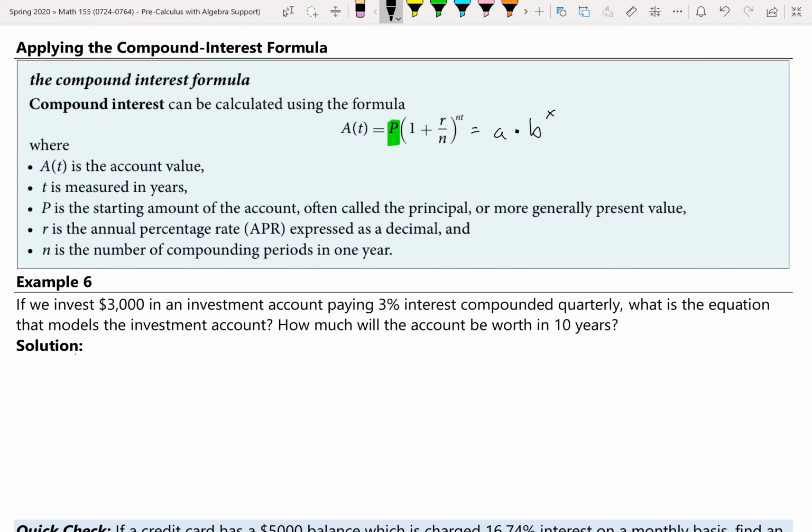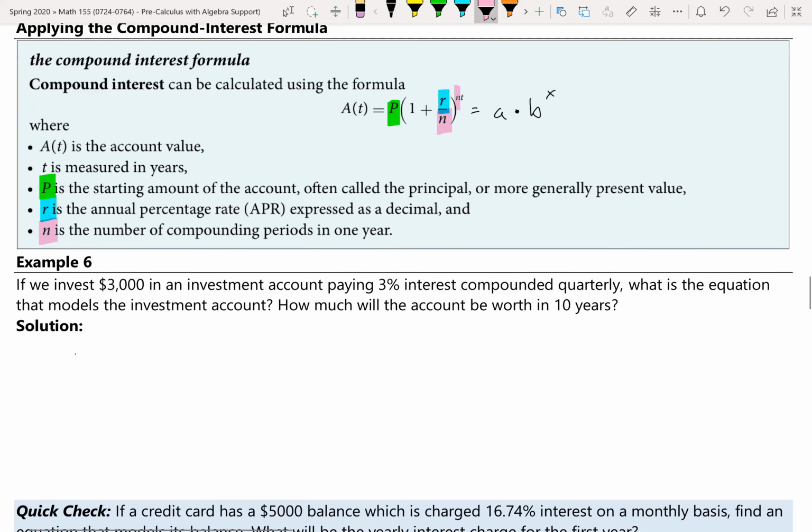So the P is your initial amount, whatever that is. The R is whatever rate. The N is how many times you compound it in a year. So there are 2 times that the N shows up. And then the T is your variable. At this point, this is all just plug and chug.